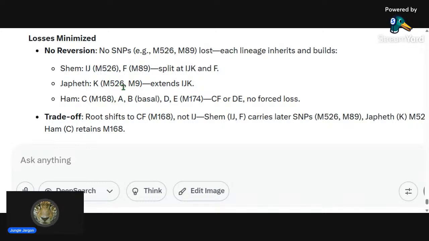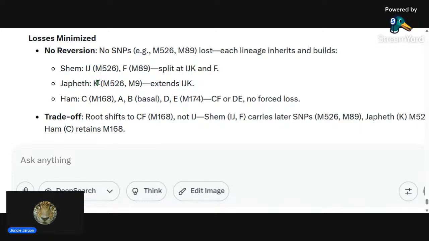Well, the IJ, yeah, because the descendants of K, or the downrange of K, gotta say downrange, downrange of K has the IJK marker and its own M9.